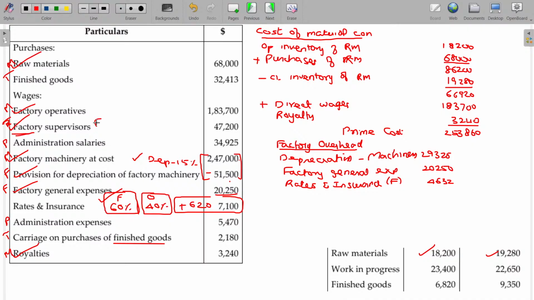I missed. This is factory overhead. Whenever the term factory is there, automatically comes in the factory. Wages. Factory supervisor. This value being 47,200.